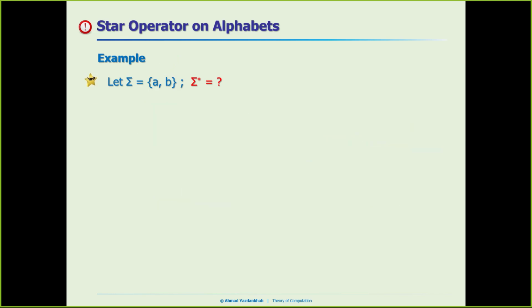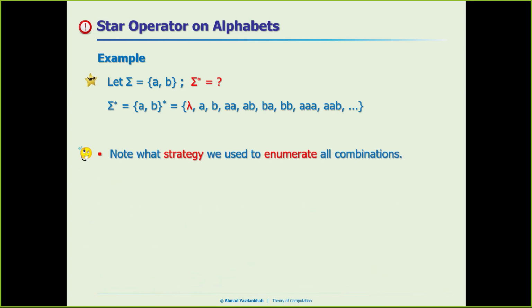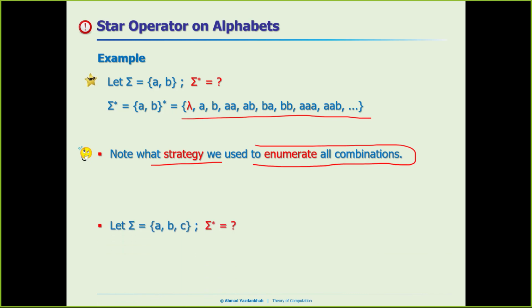Do you remember what strategy we picked to enumerate all of these combinations? If you want more fun, go ahead and create a sigma star for A, B, C and see what happens. This is your exercise.